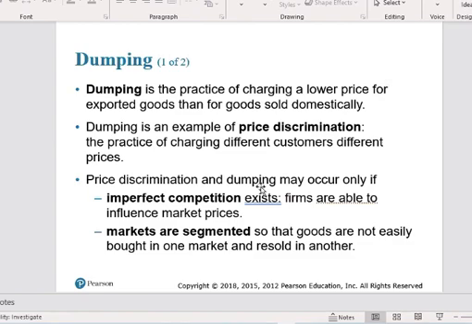All right, so let's talk about dumping. What is dumping? Dumping is the practice of charging a lower price for exported goods than for the goods sold domestically.